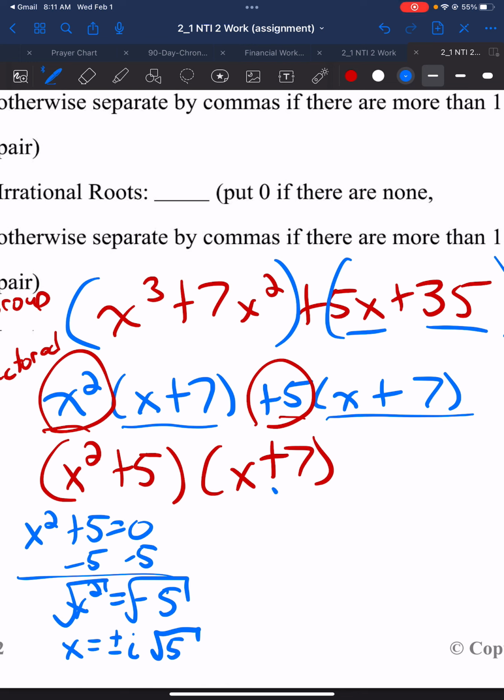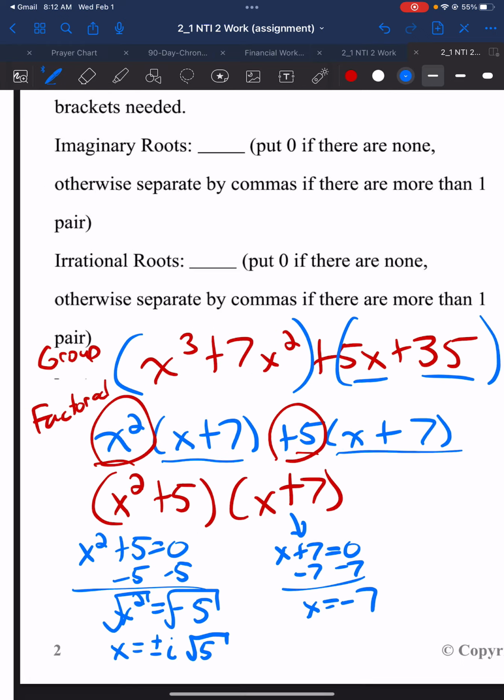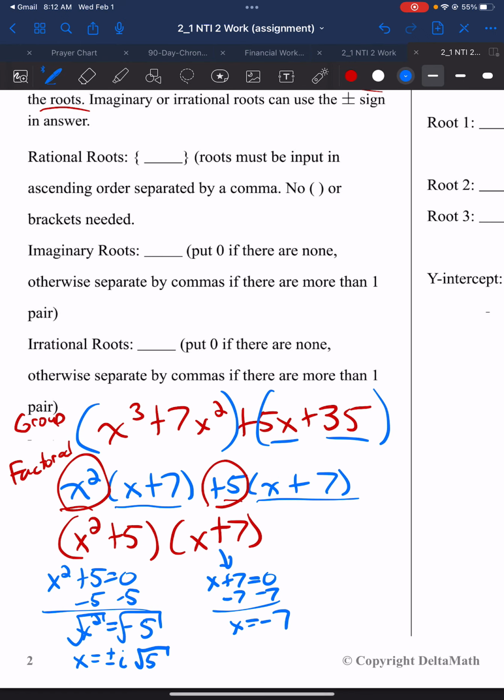And then here, you can write it out if you want to, but when it's an easy one like this, all you got to do is flip the signs. So x equals negative 7. So one of my roots is going to be negative 7, and I'm going to put that here because remember, rational means that you're going to have like a normal number.